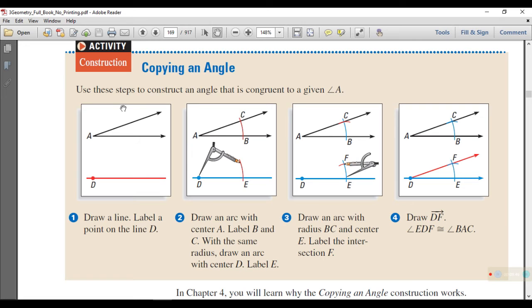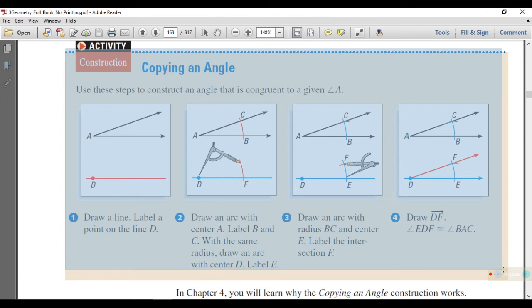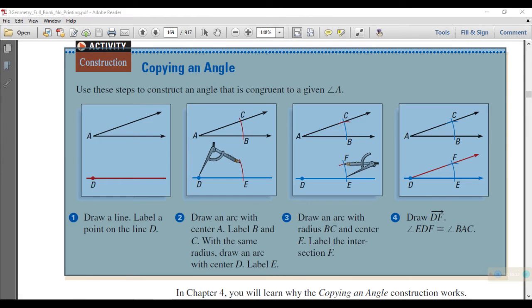So, copying an angle, use these steps to construct an angle that is congruent to a given angle A. So, first, draw a line, label a point on the line D. Next, draw an arc with center A, label B and C. So, kung saan yung makakat niya dun sa original na angle, with the same radius, draw an arc with center D, label E. Para malinaw siya, copy natin siya dun sa ating viewboard.